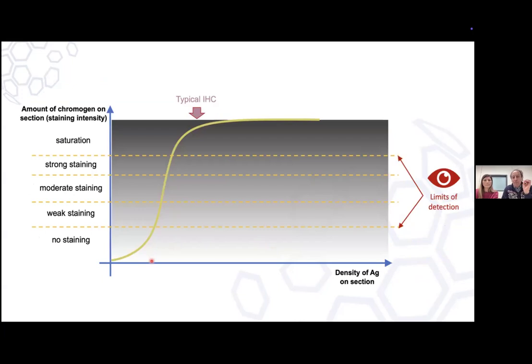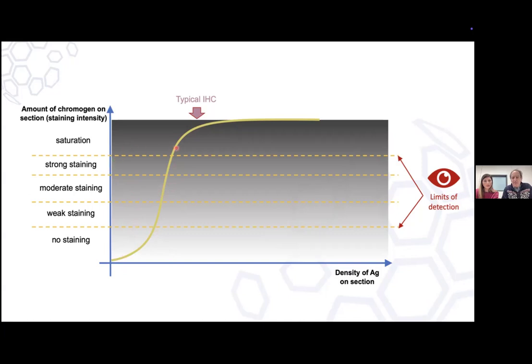So if we visualize the antigen-antibody reaction, here on the x-axis there is increasing density of antigen on the tissue section. And here there is an increasing amount of deposition of chromogen on the section. So the antigen-antibody curve in these cases has this type of shape, maybe steeper or less steep.